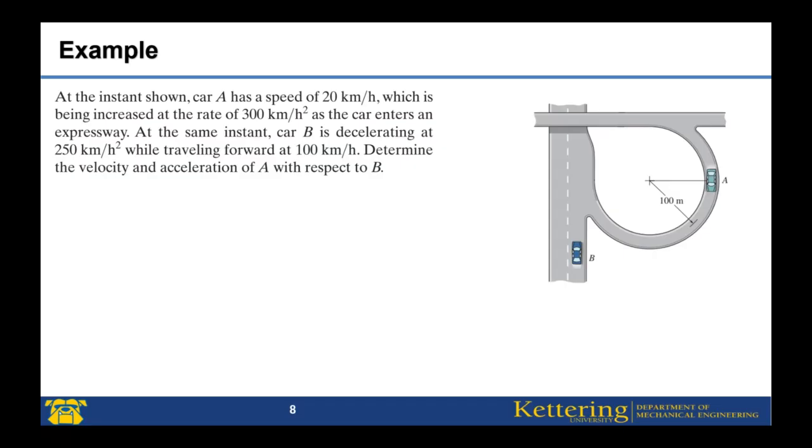At the same instant, car B is decelerating at 250 kilometers per hour squared while traveling at a speed of 100 kilometers per hour. We want to find the relative velocity of A with respect to B and the relative acceleration of A with respect to B. It's an example that exactly replicates your life.